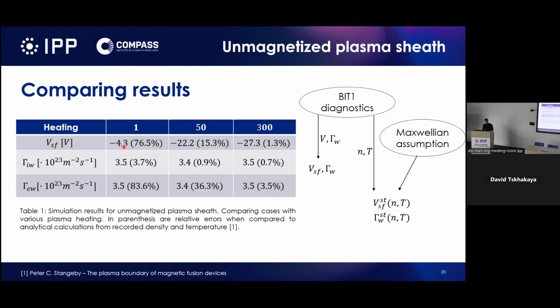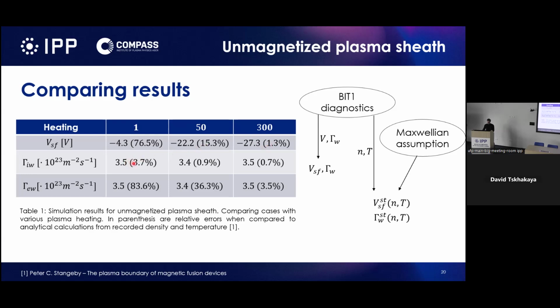So we can see that in the heating one, we have a very low potential drop and very high relative error. And as we increase the heating, the potential drop starts to increase since we're getting more of the higher velocity electrons, and the relative error also decreases. So when we get the good Maxwellization, we have very good agreement with the analytical formulas.